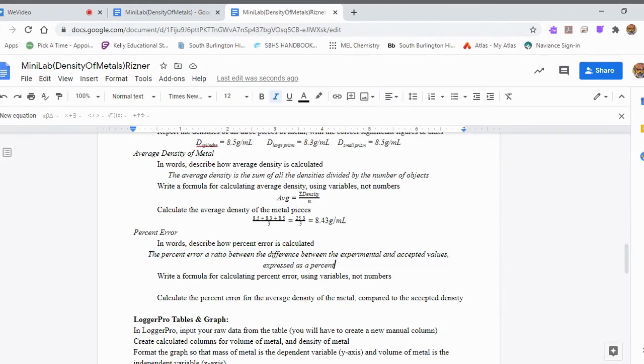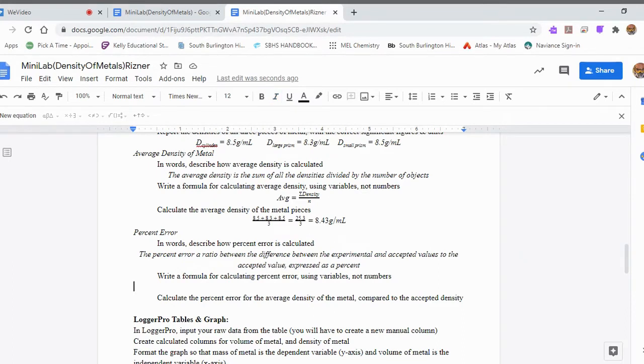So because the difference between the experimental and accepted value is going to be divided, I chose to say ratio at the beginning. It's a ratio of this difference to the accepted value expressed as a percent.